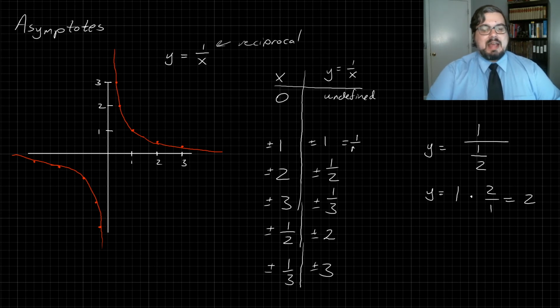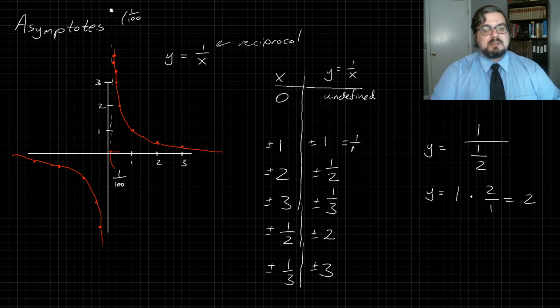If we think about what happens to the values of this function as the values of x keep getting closer and closer to 0, then the y values on this graph are the reciprocals of these smaller and smaller values. So if we look at the x value of, say, 1/100th here, then the y value corresponding to that will be 100.